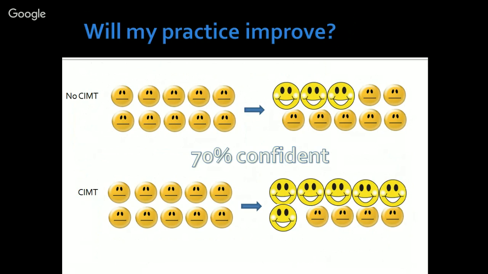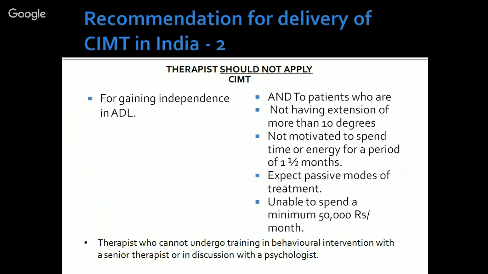And if 3 of your patients are improving out of 10 patients who are coming, then if you apply CIMT, you can be 70% confident that 6 of your patients will start improving after CIMT for the benefit we have discussed previously, right?